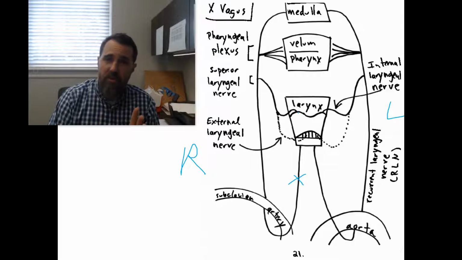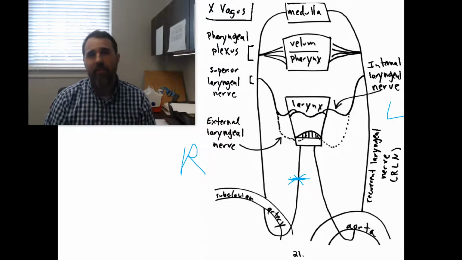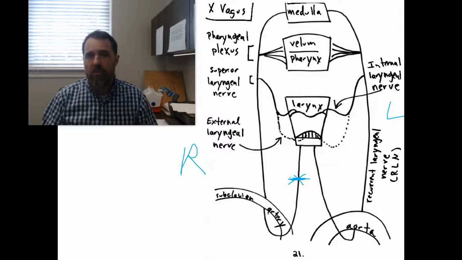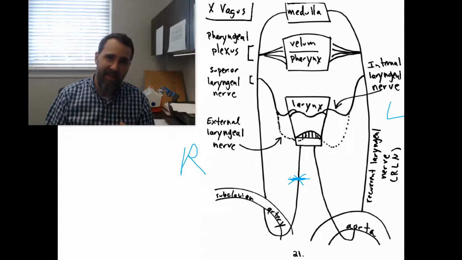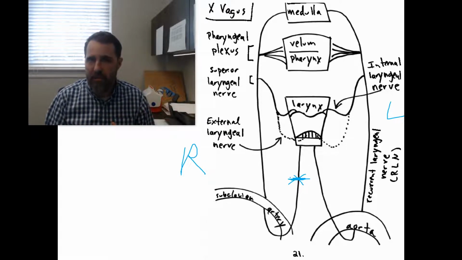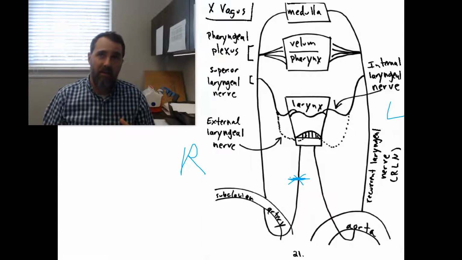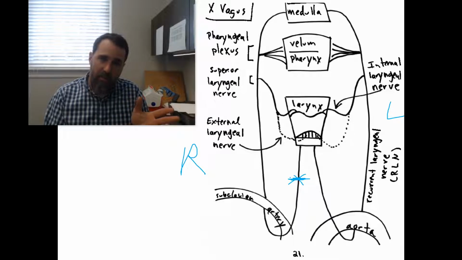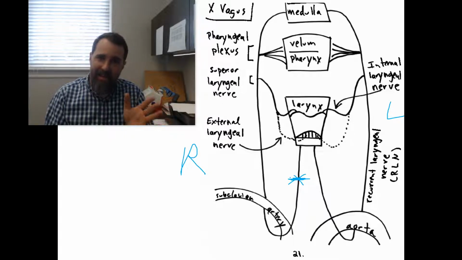You have reduced its movement. If you've cut this entirely, then the right vocal fold is going to be paralyzed due to the lack of signals it's getting telling it to move, and the lack of signals telling it to maintain a normal muscle tone. So it's just going to be flaccid and hanging out there at midline.